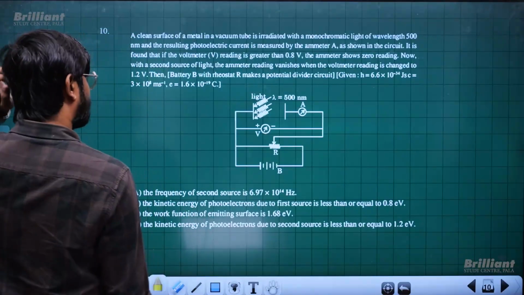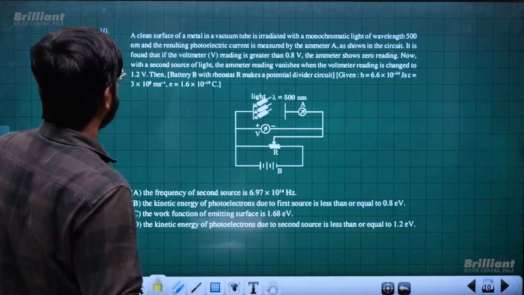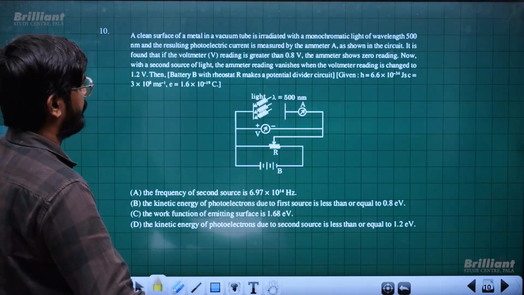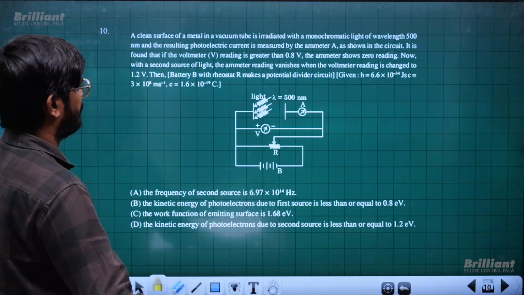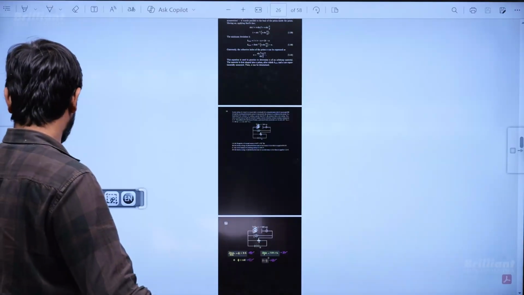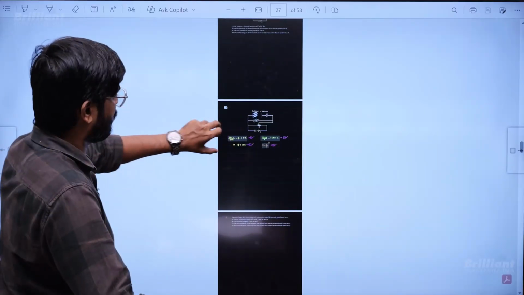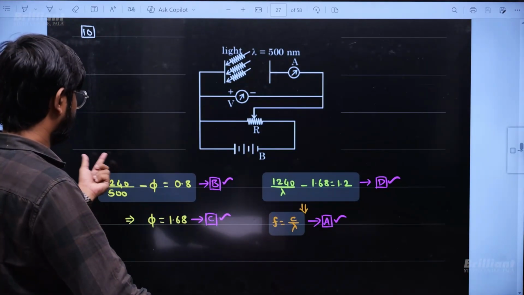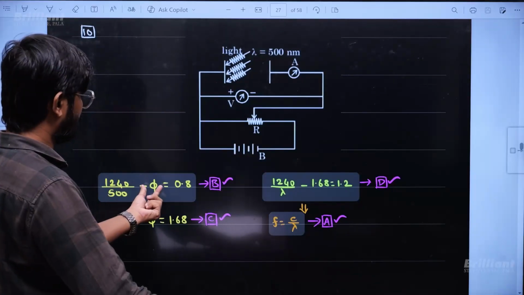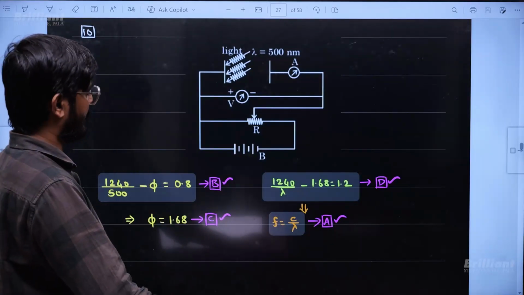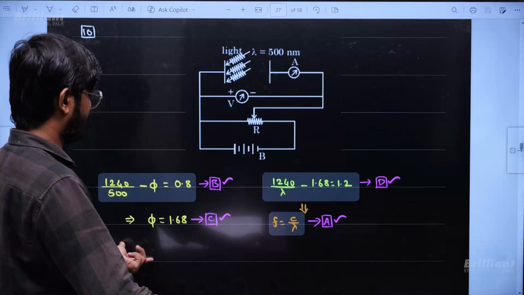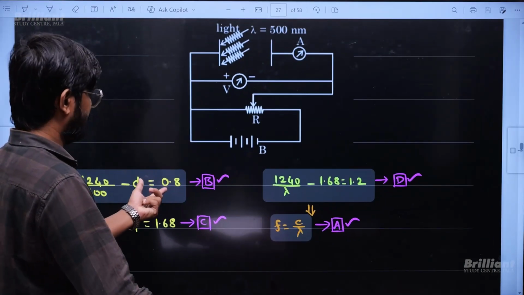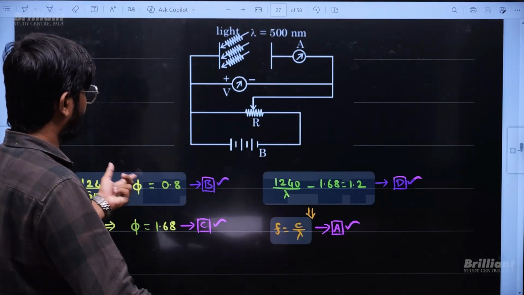A clean surface of metal in a vacuum tube is irradiated with monochromatic light of 500. Okay, so there was some data given, and it's a straightforward question. If you are sending this much wavelength, this much will be the energy you are sending. Out of that, some will go as work function, and the rest will come out as maximum kinetic energy. From there you will get the work function. Now how did we decide maximum kinetic energy?